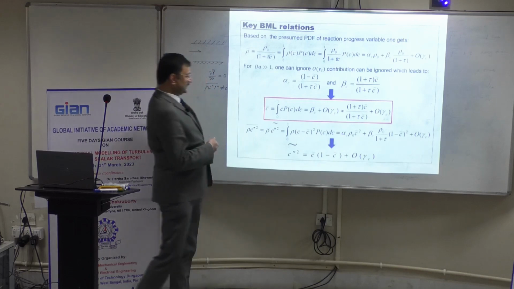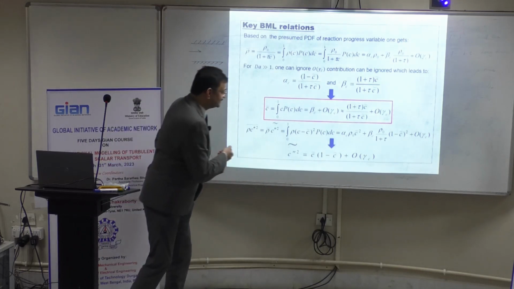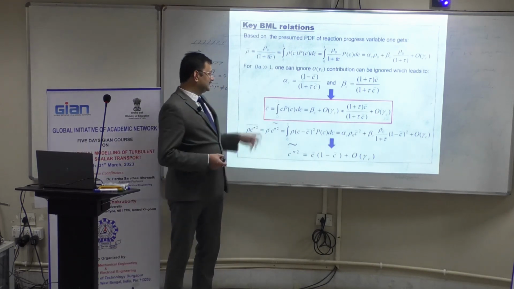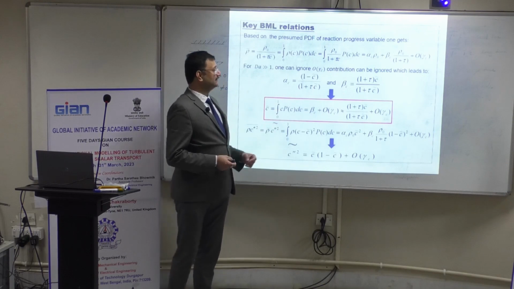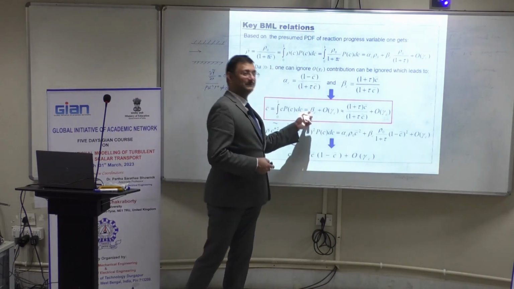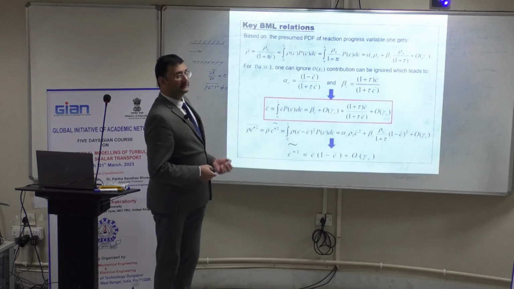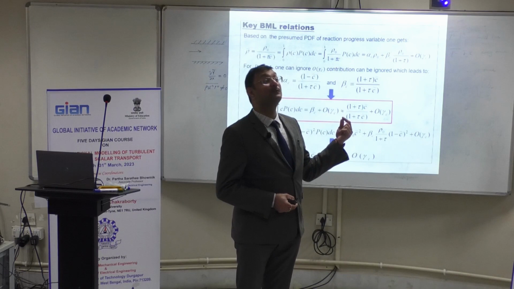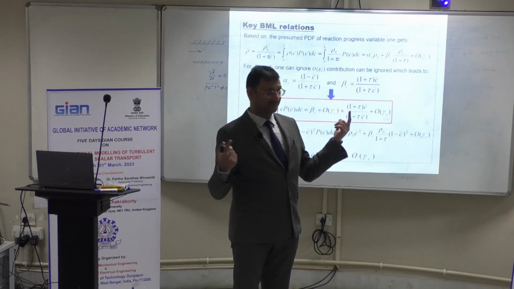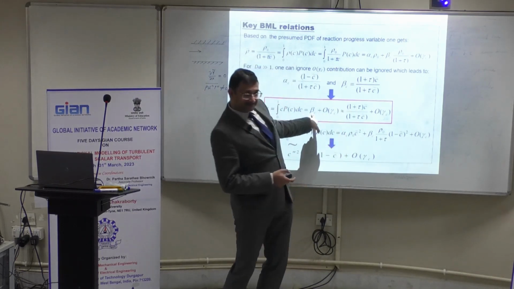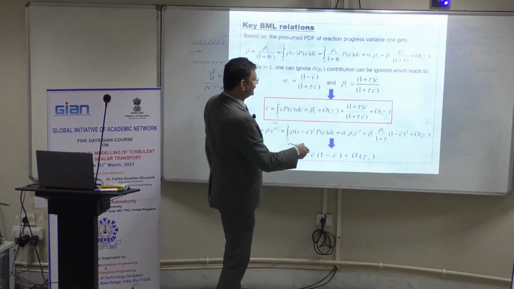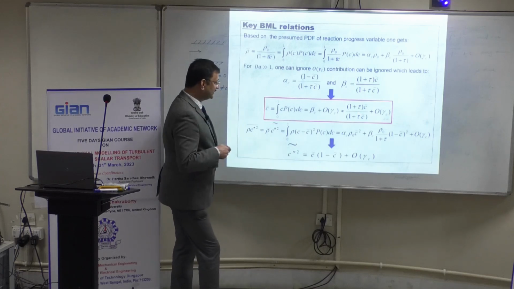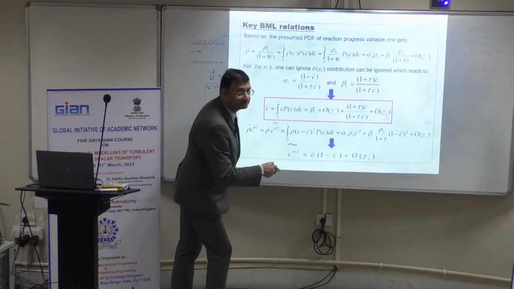If I want to find out C bar, I just have to do this integration. At unburned gas, C value is 0, so there is no alpha contribution. There will be only beta contribution. In the burned gas, what is the value of C? 1. So that's why it's just beta plus this. If I ignore that contribution, effectively beta value I know. So you can clearly see this equation relates C bar with C tilde.